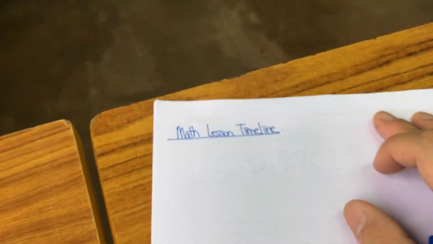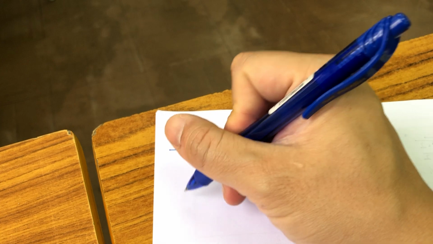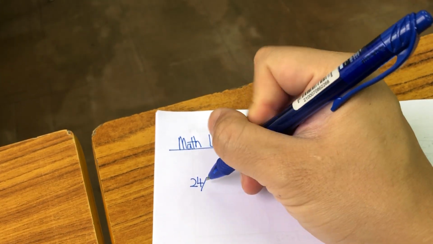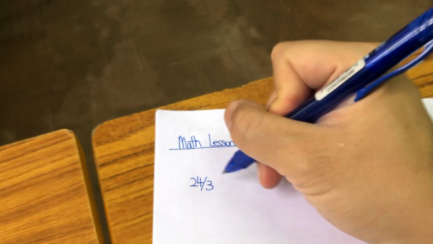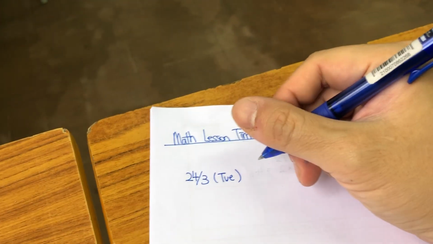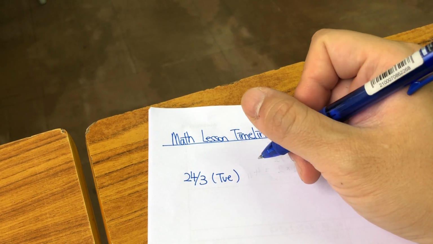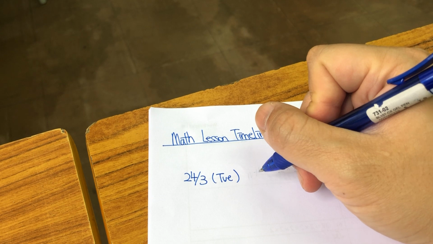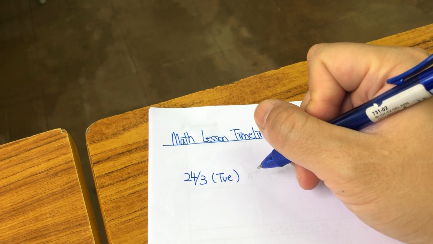So let's look at the timeline. Today is the 24th of March, a Tuesday. Today we'll be learning the last item in chapter 9, Pythagoras Theorem, which is the converse of Pythagoras Theorem.